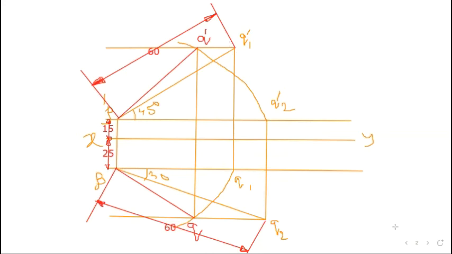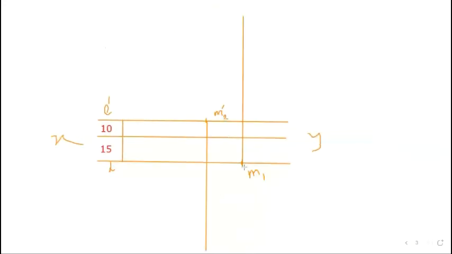Clear? But here how can we get the M1 dash point? Because it is an angle with the HP and VP, so similar to just opposite to it. So here we measure the 70 millimeter by compass from L dash, and it will cut here. Take 70 millimeter by compass, it will cut here, and join this.